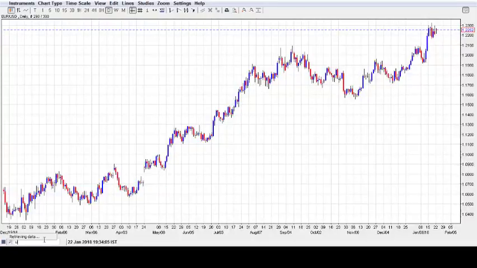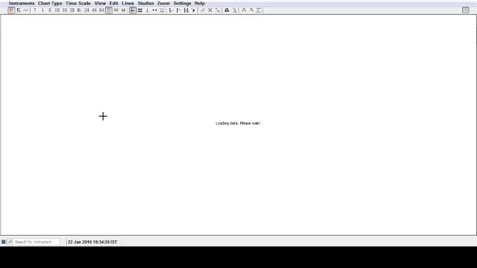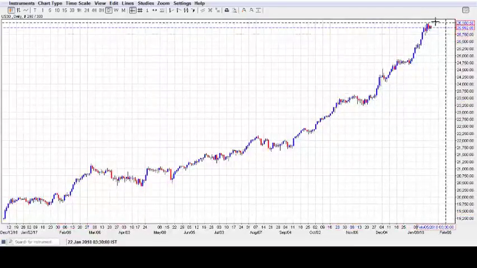If you can stay here with me, less than a minute. Dow Jones, we are just keeping a very close watch on what it is doing right now. It has almost completed the fifth wave at all the degrees. Let's see, it's taking much time actually. It is almost done.